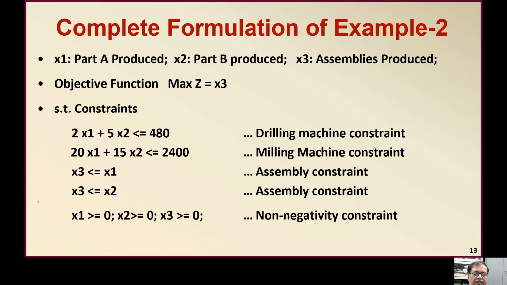Fine, so this is our final formulation: x1 is the part A to be produced, x2 is the part B to be produced, and x3 is the assemblies to be produced.